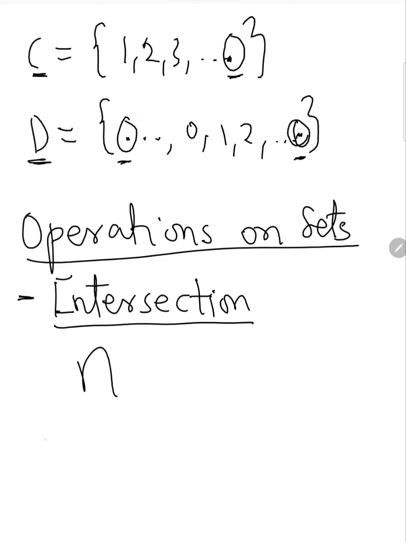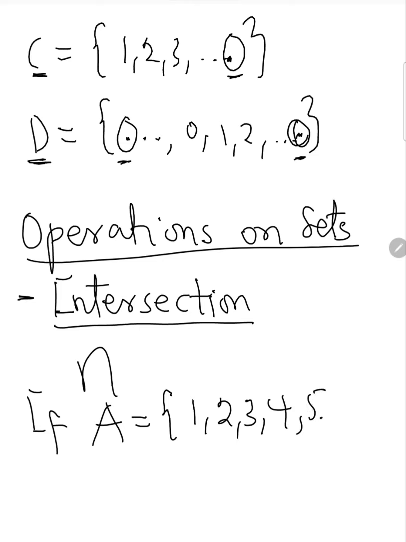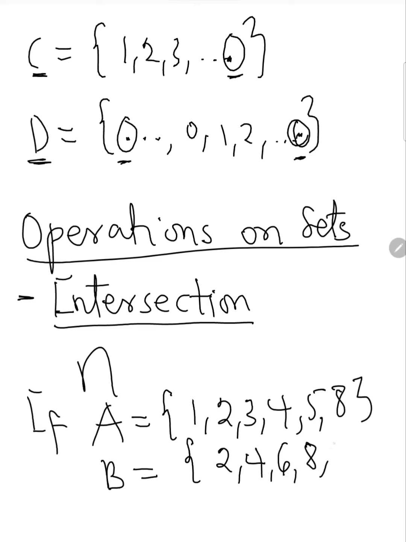So for example, let's look at the set A. If the set A is equal to 1, 2, 3, 4, 5, and 8, and we have the set B, which is 2, 4, 6, 8, 10.